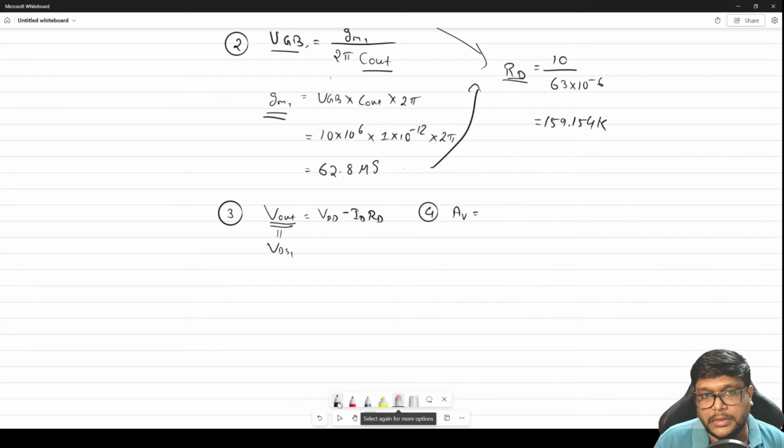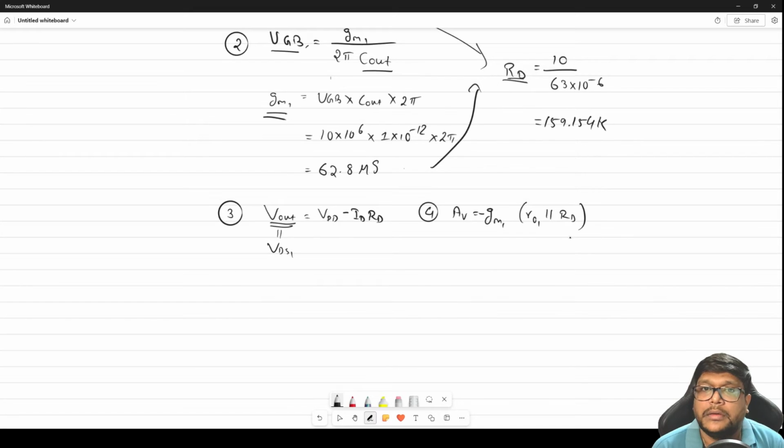If we include our channel length modulation, we can say that our gain is minus gm1 (ro1 parallel with RD). So ro1 parallel with RD.